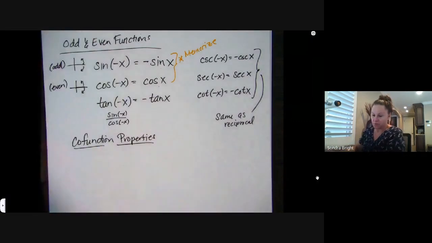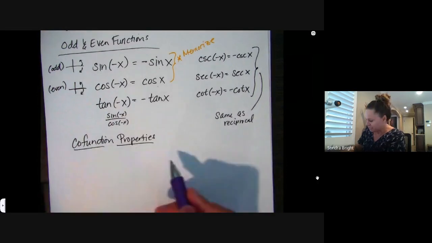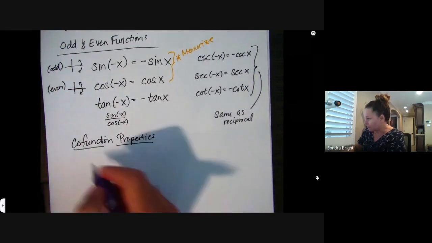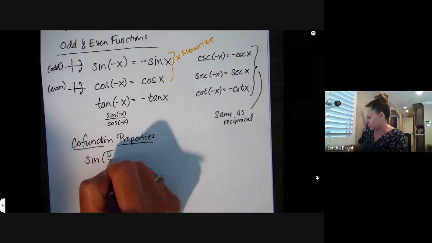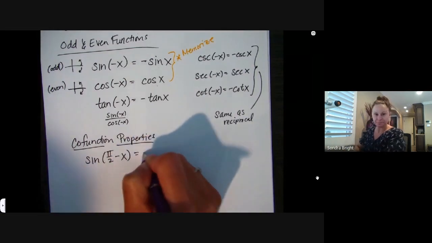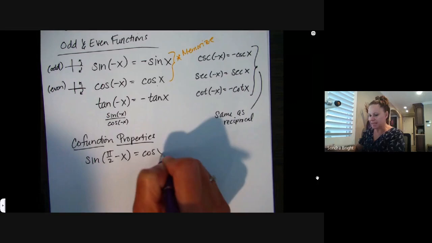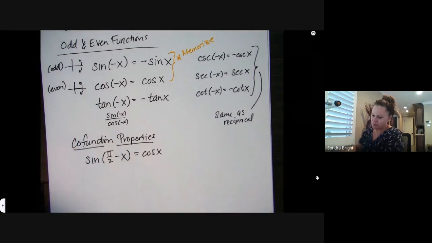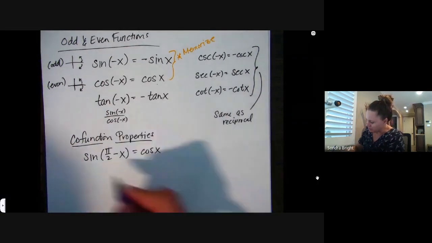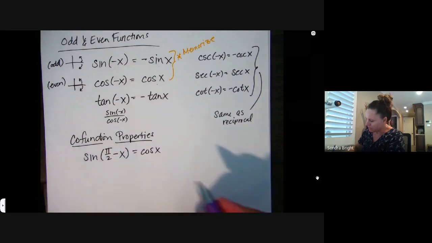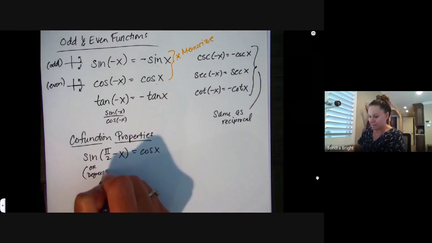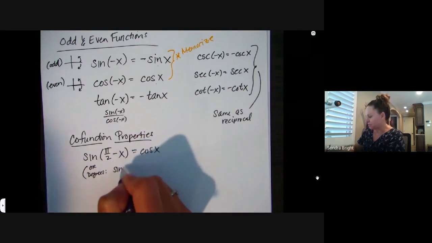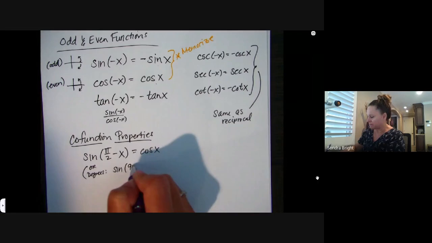So that's what the cofunction properties are: sine of pi over 2 minus x is equal to cosine of x. And this would be if it was radians. If it's degrees, it would be sine of 90 degrees minus theta is equal to cosine of theta.